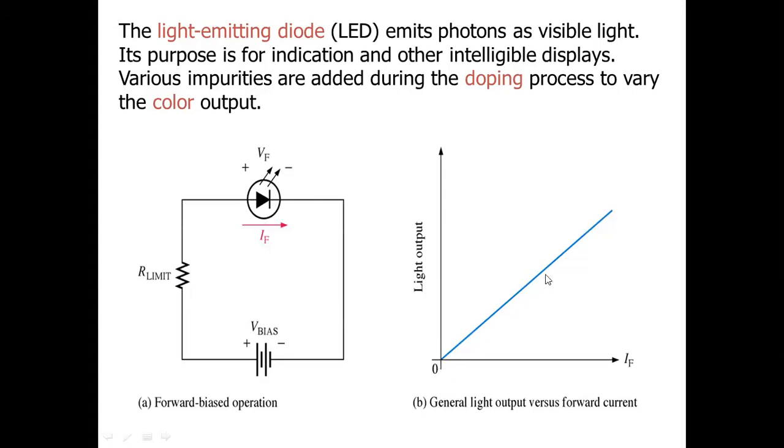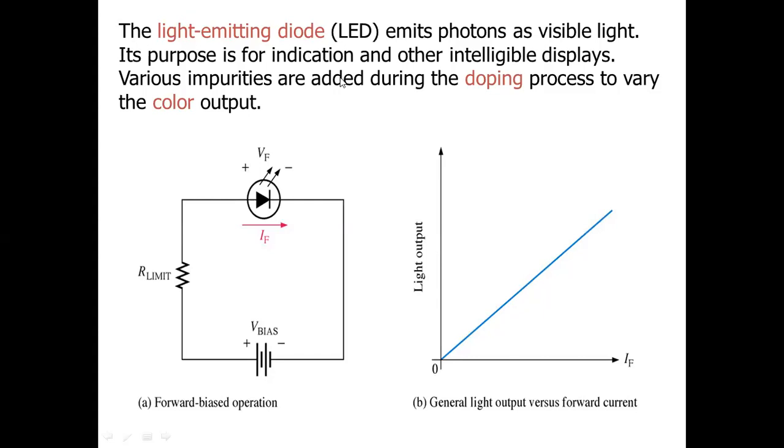Directly proportional, no? As the forward current increases, the light output will increase. Here if it is 5, then it is 5 here. As the forward current increases, like that we get the light output.